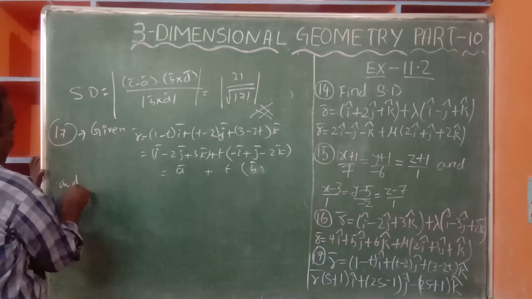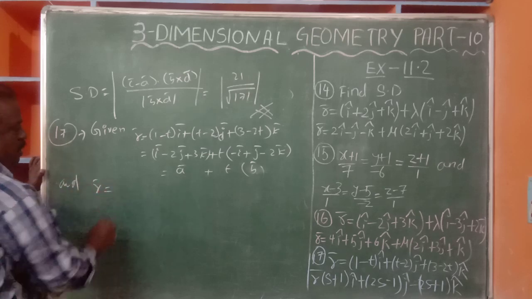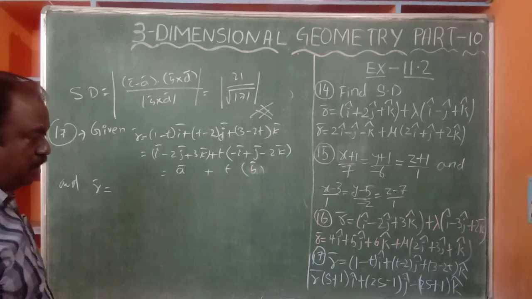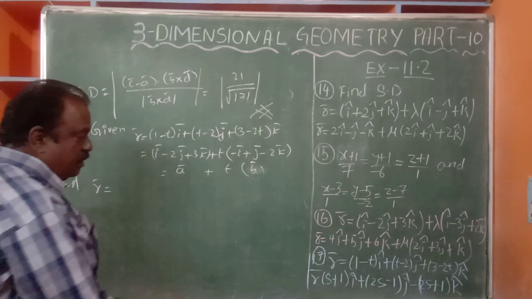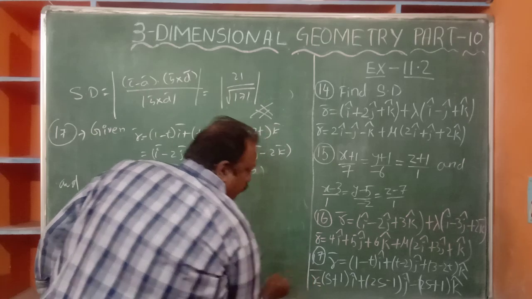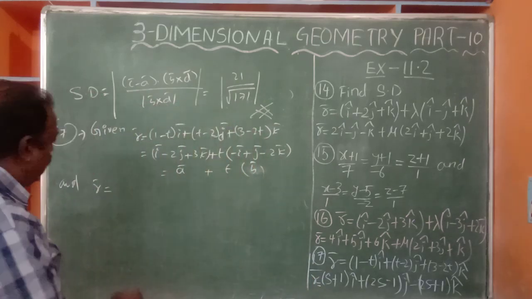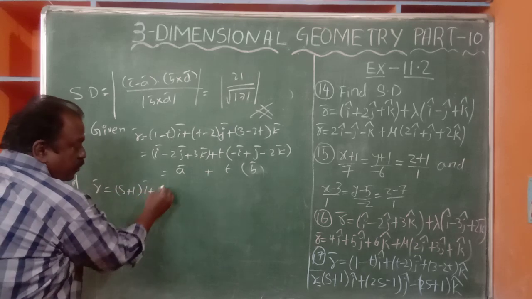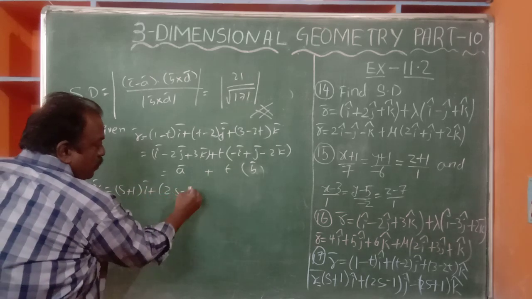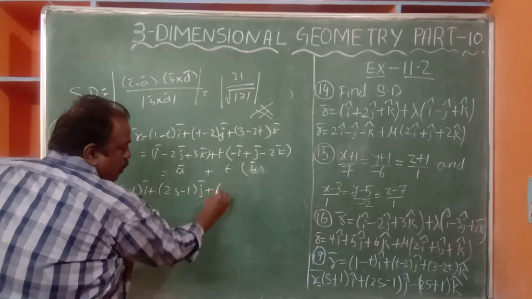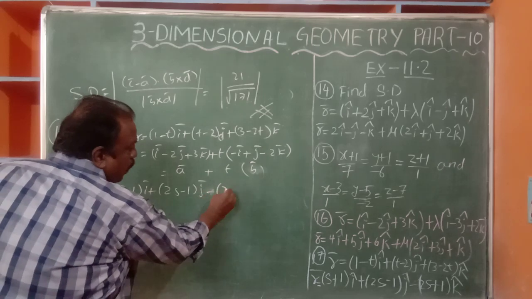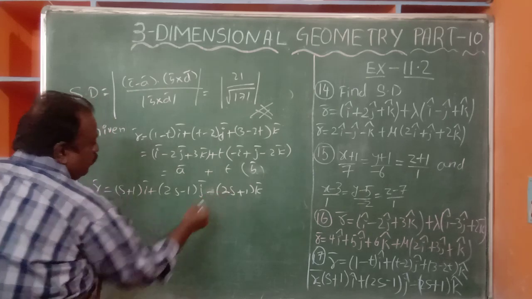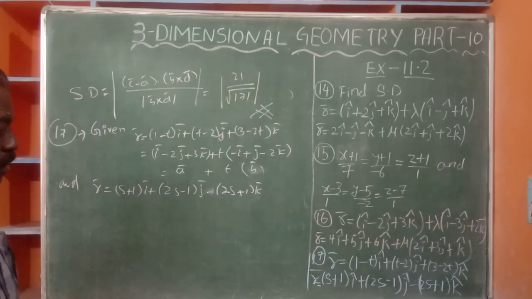And another one, the second one: R bar is equal to (s plus 1) i cap, (2s minus 1) j cap, minus (2s plus 1) k cap.